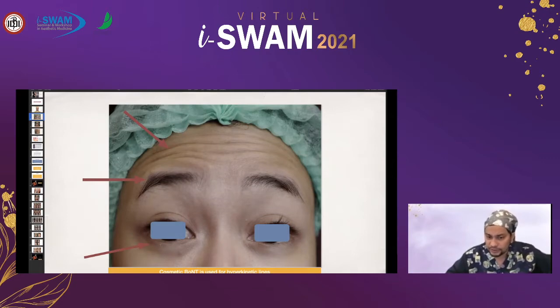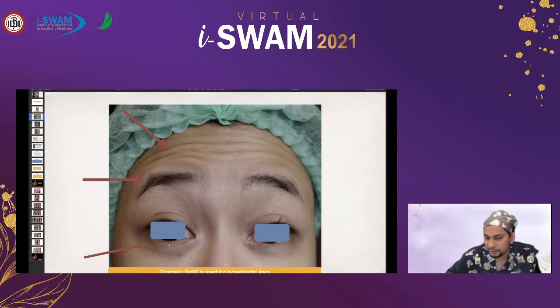And also, if you see the muscle here at the lower part of the eye, some people have a very thick muscle over there. The orbicularis oculi at the lower part becomes very thick, creating a crying look appearance.